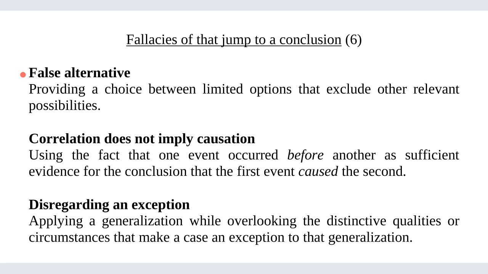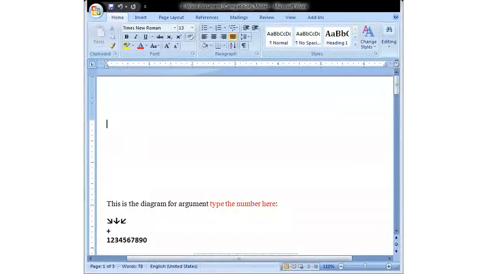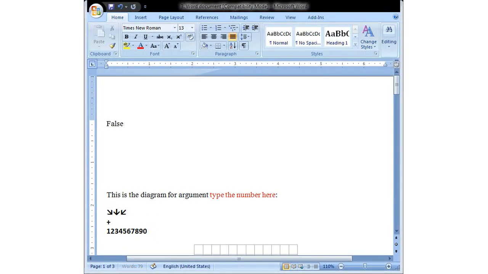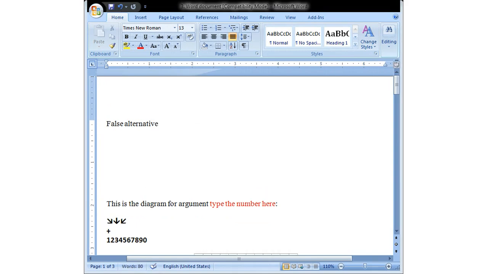And so let's have a look at false alternative. It's providing a choice between limited options that exclude other relevant possibilities. Let's give an example of this. And again, you've encountered these, and I think you can all understand why they're fallacious. False alternative. All right. Suppose I say this.